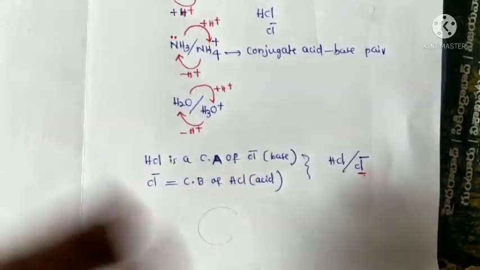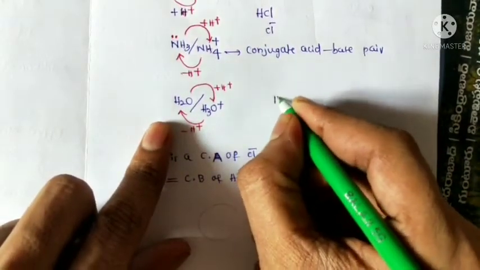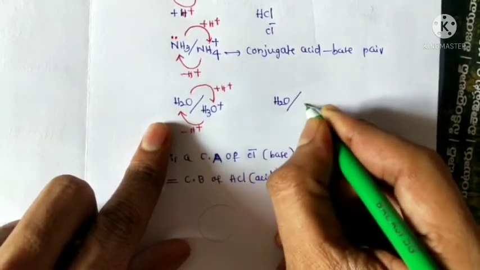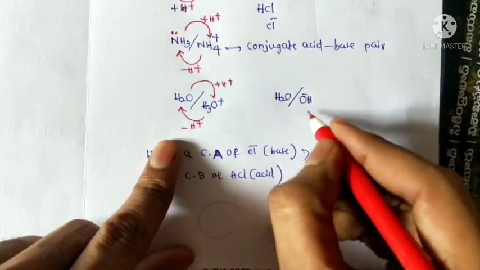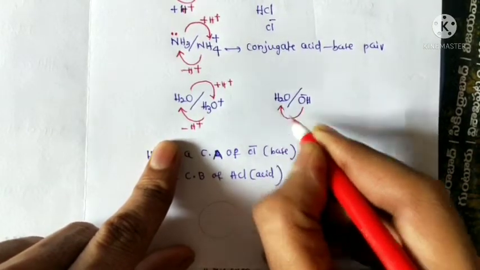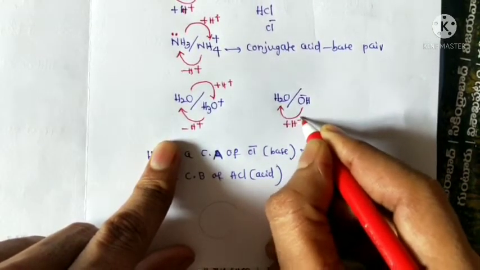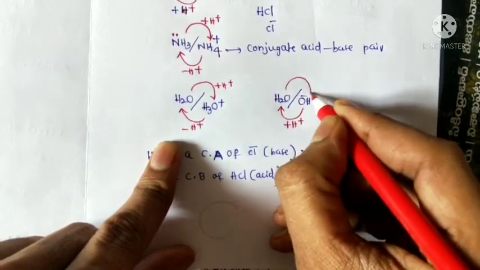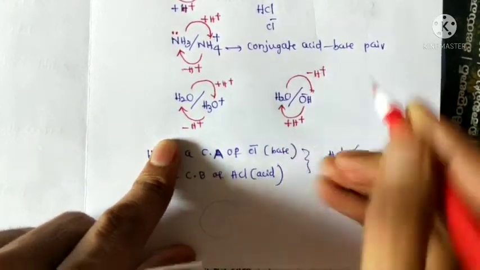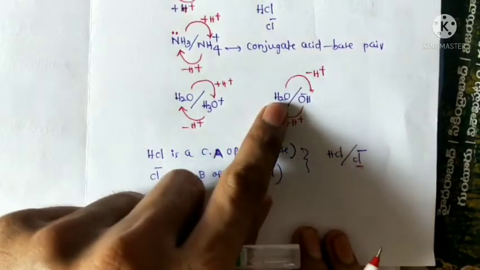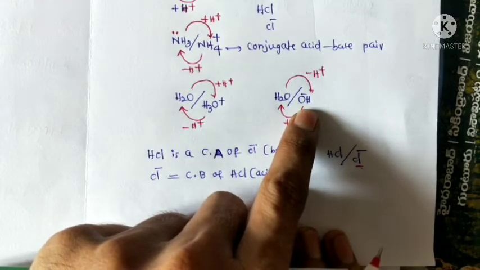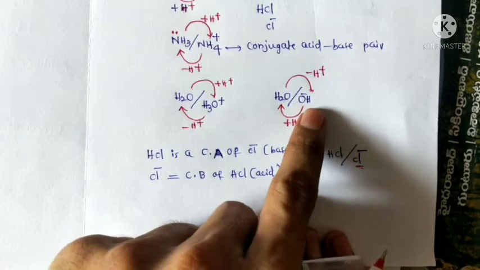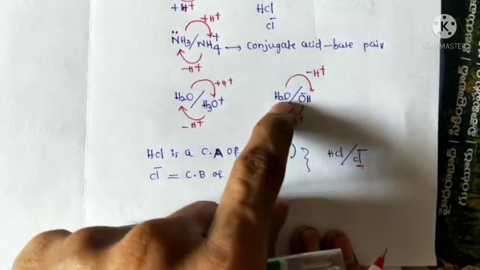And sometimes H2O acts as both an acid and a base. In this situation, there is accepting of one proton and loss of one proton. Loss means it acts as an acid. H2O is a conjugate acid of the base OH minus, and OH minus is a conjugate base of the acid.